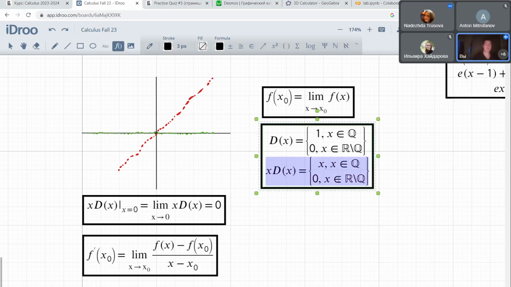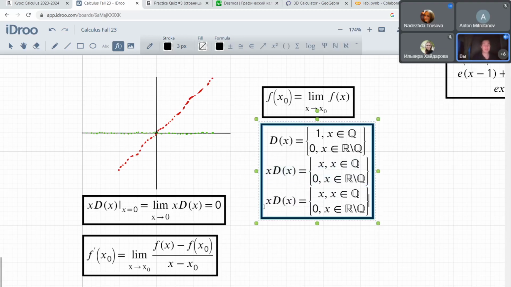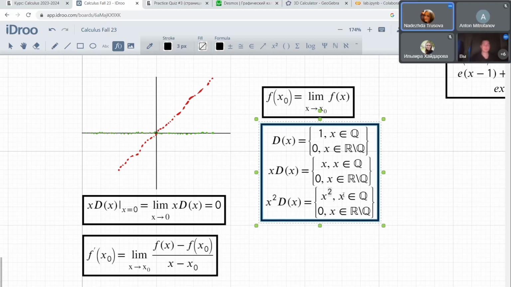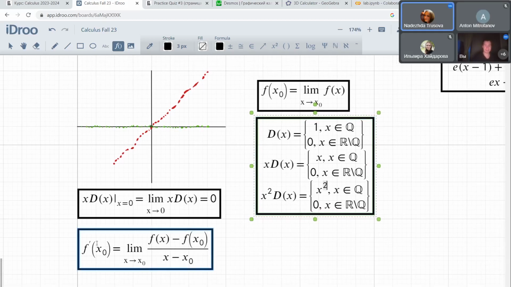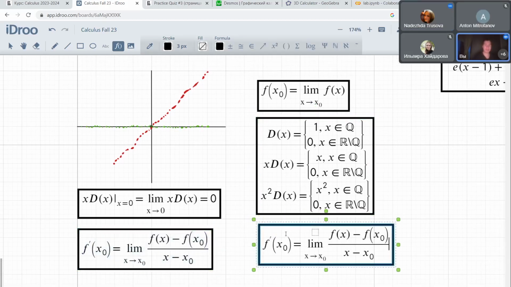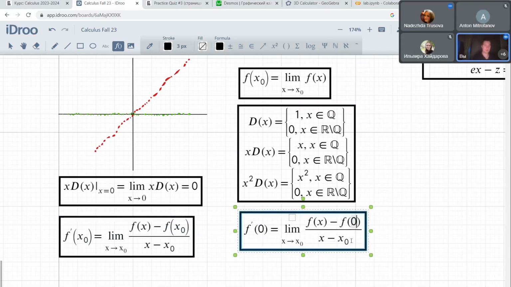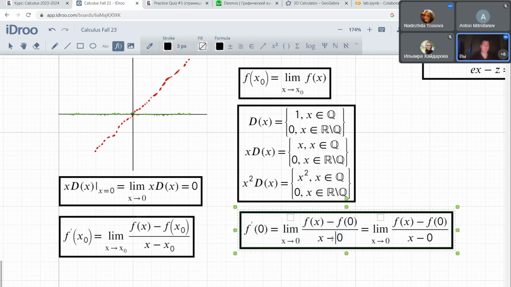Okay, we don't have plenty of time, but we have the following example. We can take x squared times D(x). Now we can compute the derivative at the point 0. It will be the following expression.